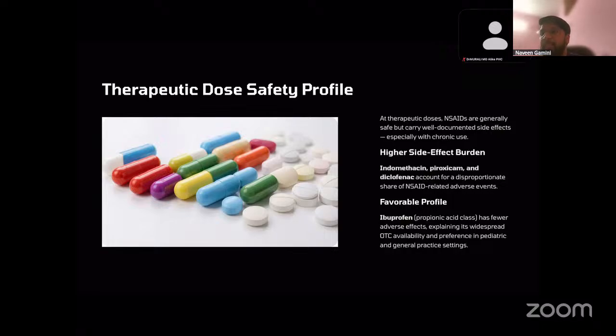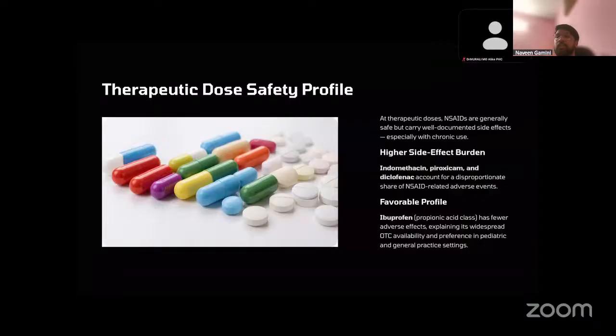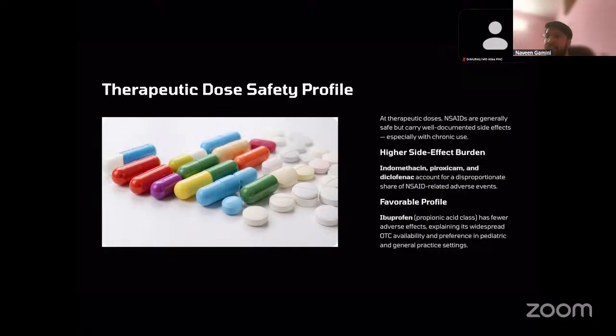Regarding the favorable profile, ibuprofen, a propionic acid class drug, has fewer adverse effects. That is why it is widespread, available over the counter, and preferably used in pediatric and general practice settings. So the NSAID which can be given without much consideration is ibuprofen. And diclofenac, indomethacin, or piroxicam are the ones which can cause higher side effects.